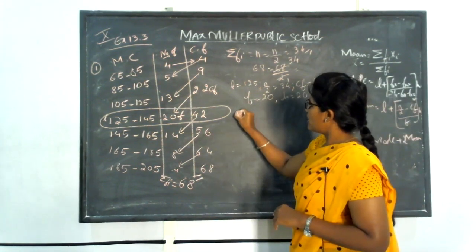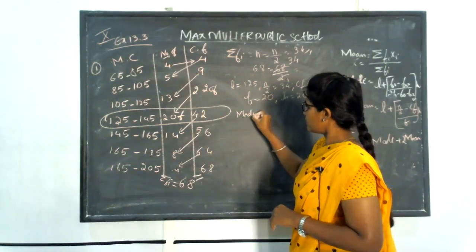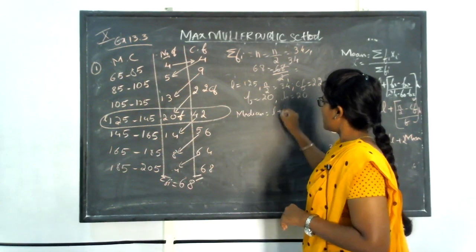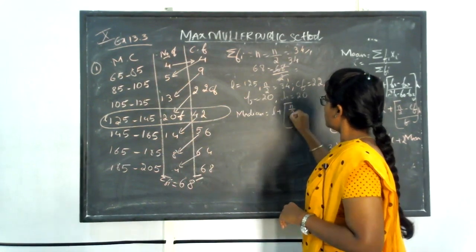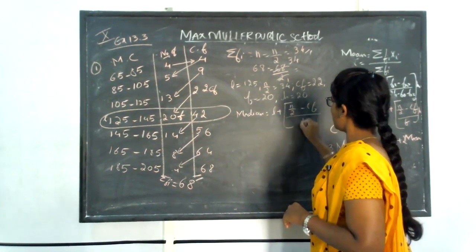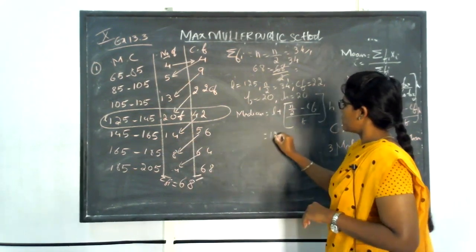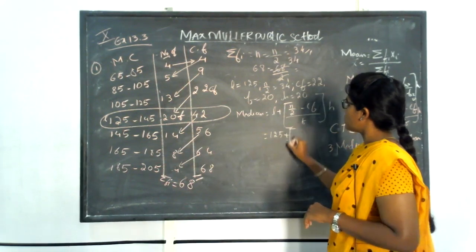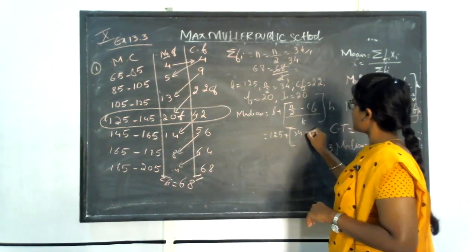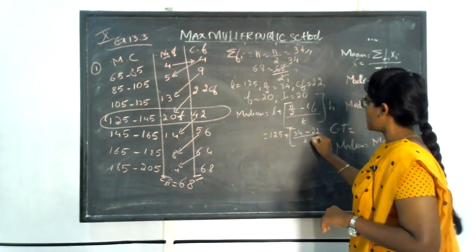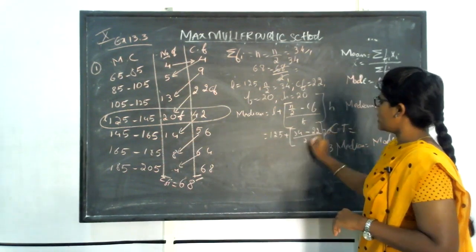Now apply the formula. Median is equal to, what is the formula you have? L plus n by 2 minus CF divided by F into h. So L is how much? 125 plus n by 2, how much is it? 34 minus cumulative frequency, which is 22, divided by 20 into 20. 20 cancels.